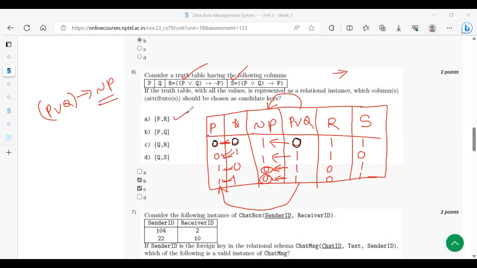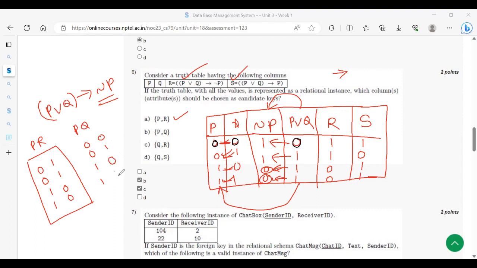If I say P, R, just to write the P, R values: 0, 0, 1, 1, 1, 1, 0, 0. This is P, R. Now if you see P, Q, what is going to happen? 0, 0, 1, 1, 0, 1, 0, 1. Now what is the third option?